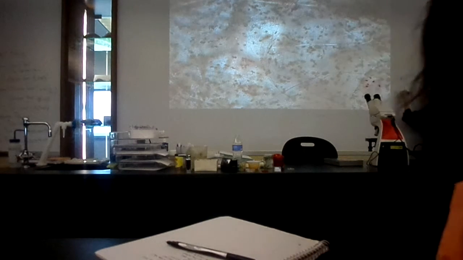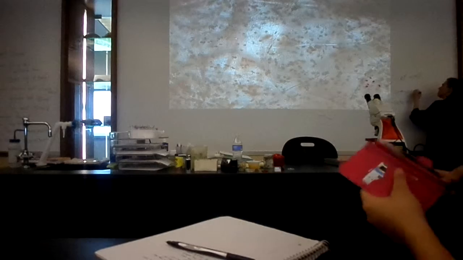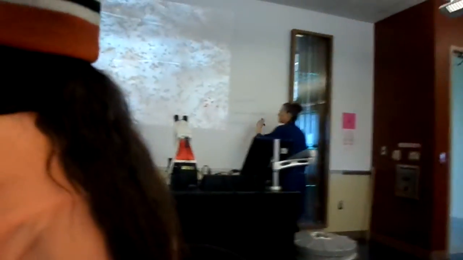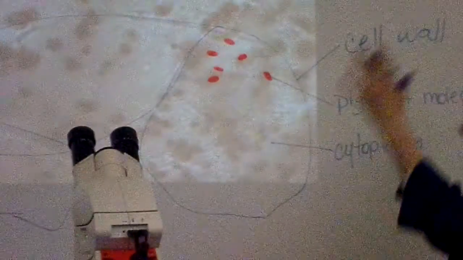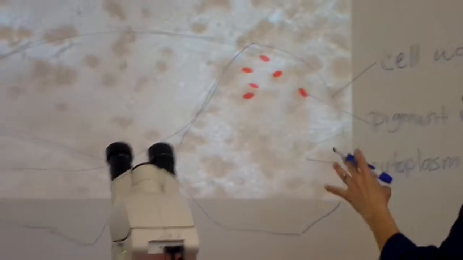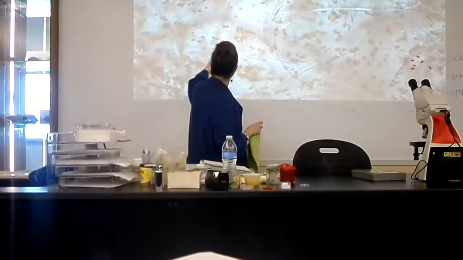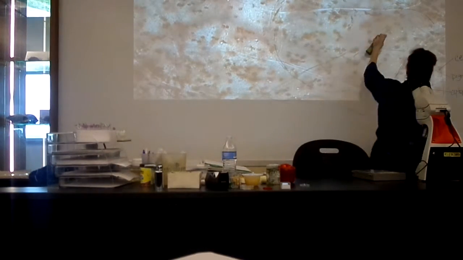That's all they are. They are what is giving the bell pepper its color. All right? So this whole tissue that we're looking at, everything that we see in this field of view, let's erase these little guys here.